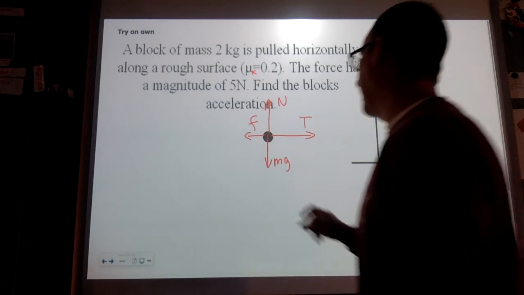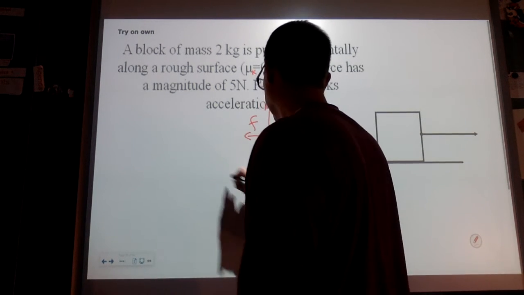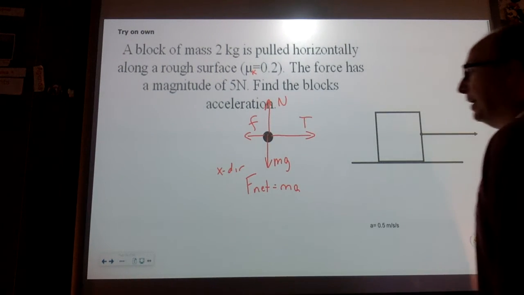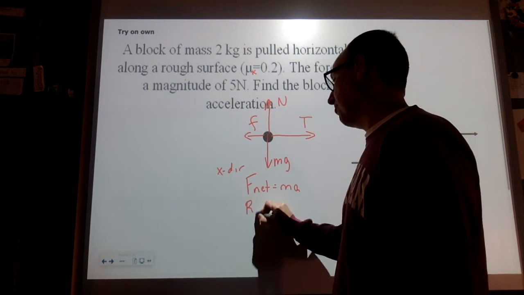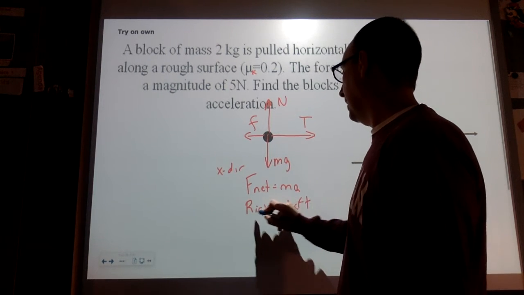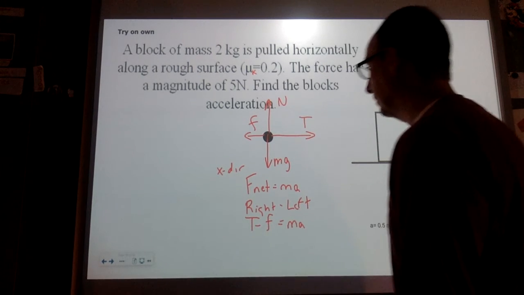All right, so I'm going to say that in the x direction, I have an unbalanced force. So I'm going to write Fnet equals MA. And so I'm going to take force to the right minus force to the left, and that's going to be T minus F equals MA.